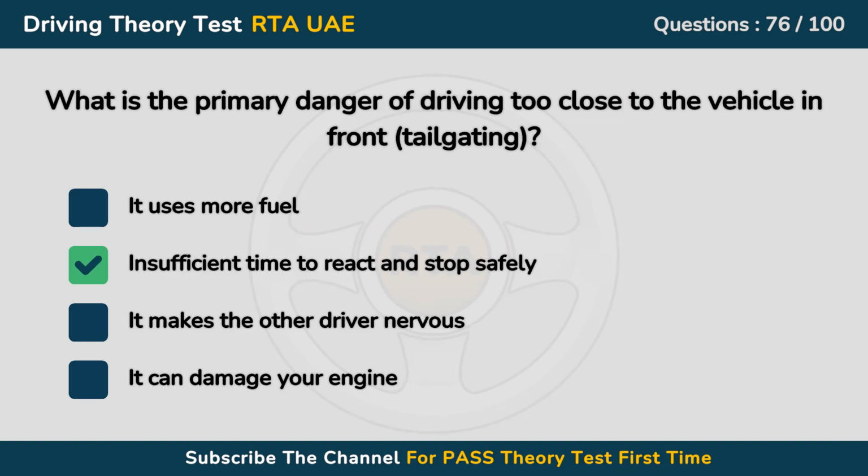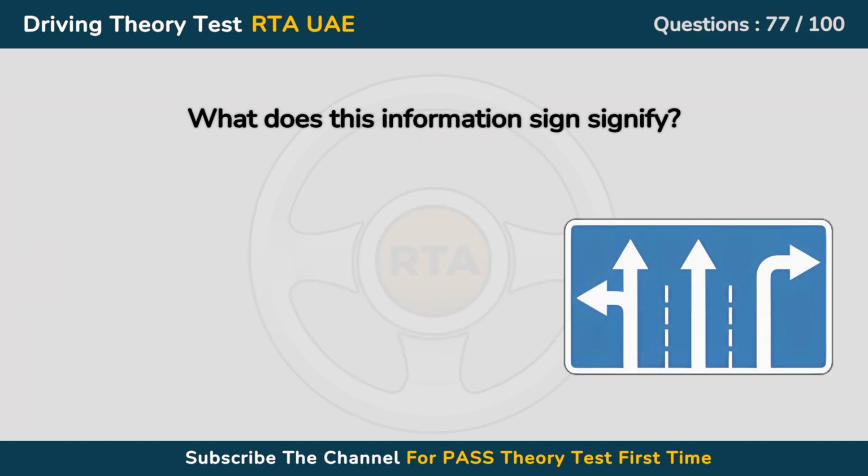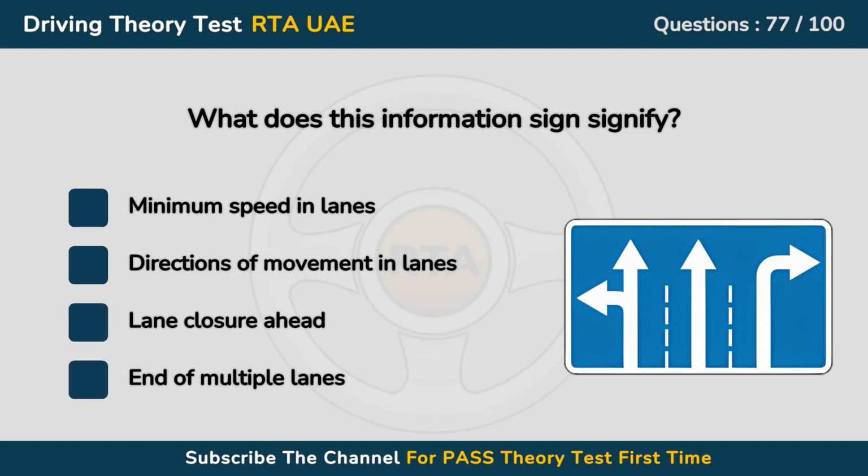Answers is B, insufficient time to react and stop safely. Tailgating significantly reduces your reaction time and stopping distance, greatly increasing the risk of a collision if the vehicle ahead brakes suddenly.